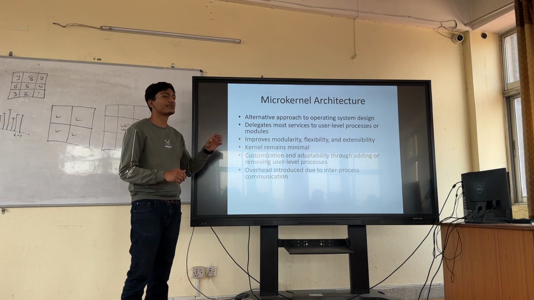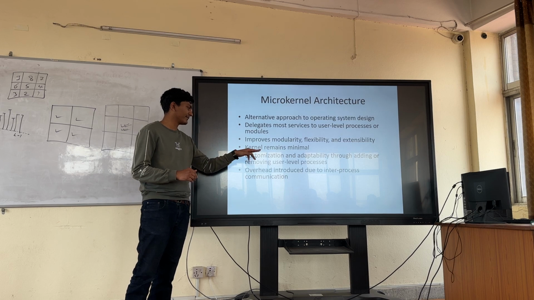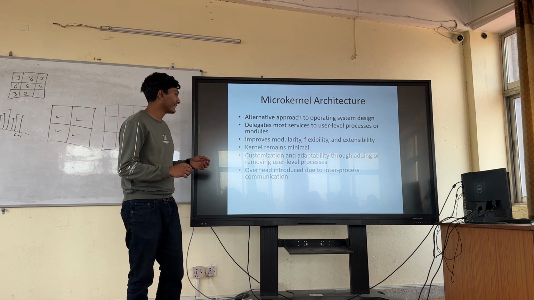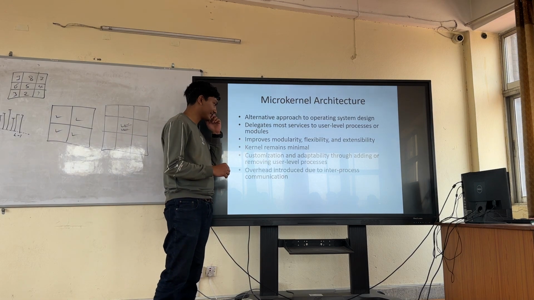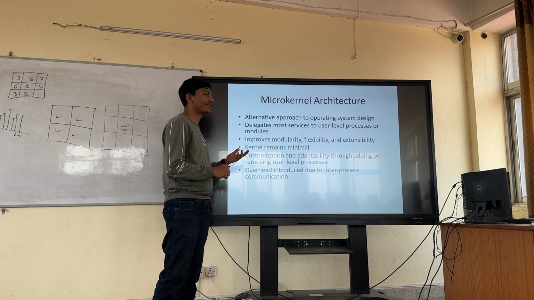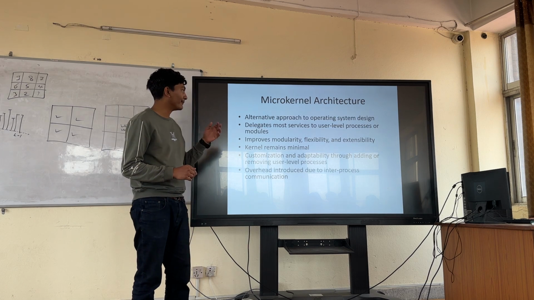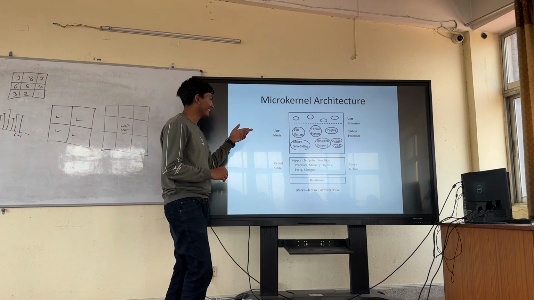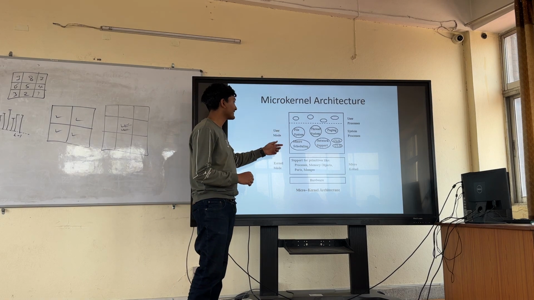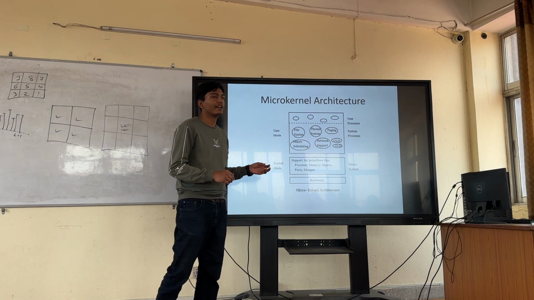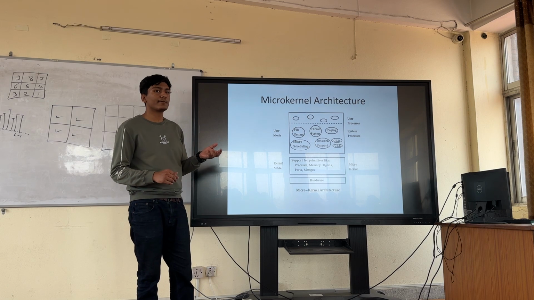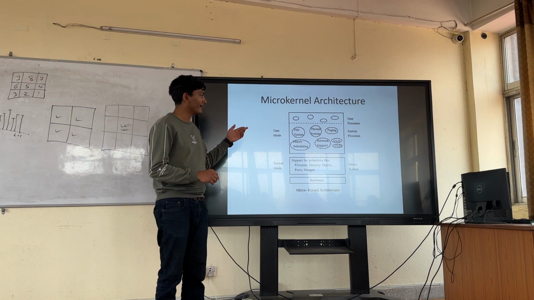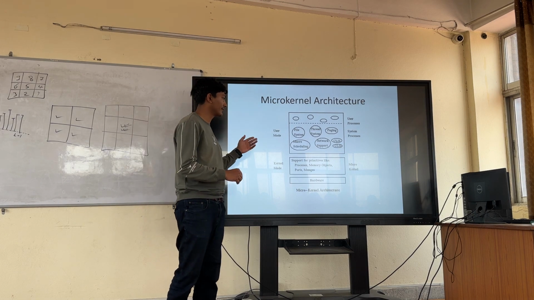But due to the two layers, the communication takes more time, and thus the performance is not as good as monolithic. As you can see, the functionalities are grouped into user mode and kernel mode. The kernel mode only provides basic functionalities like file management and process management, while most of the other functionalities are in the user mode.